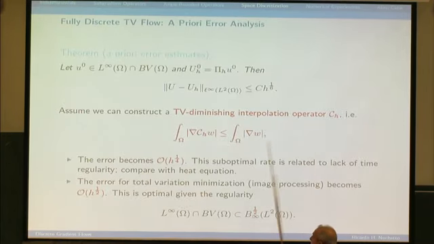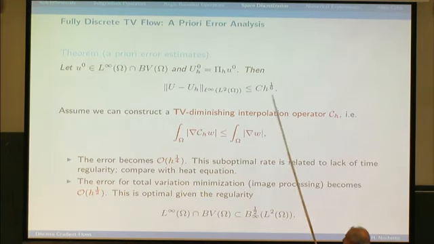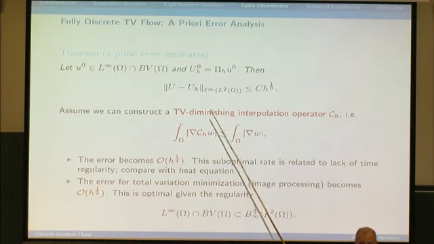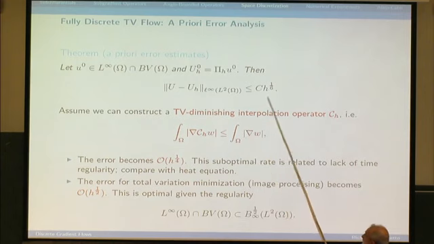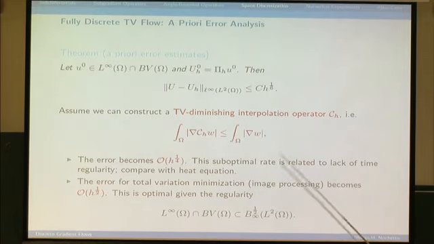So you have the 3 properties that I mentioned, and then you can go and have the result. So this is the result for the TV flow, as I mentioned. But you see, because of the lack of regularity in time, this is a bad problem in many ways. This is what you get for the dependence in h. You get h to the 1/6, which is a kind of depressing result. But that's what it is.